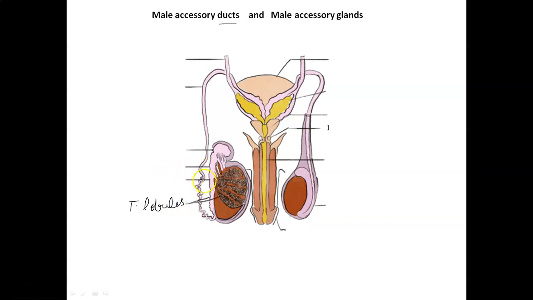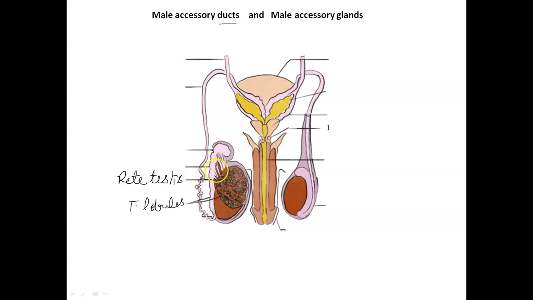And this is where the rete testis is coming here, then the vas efferentia which carries the sperm from testicular lobule to vas efferentia, and then vas efferentia carry the sperms to the epididymis. So testicular lobules, after that rete testis. These structures are somewhat here.